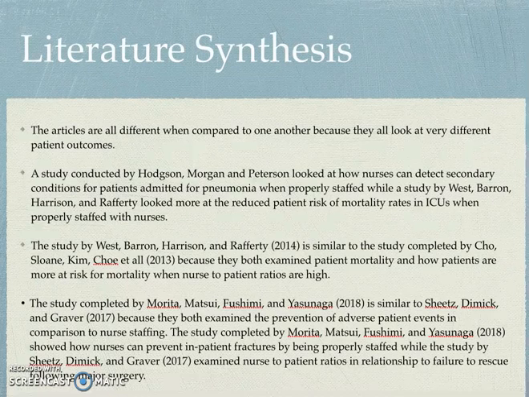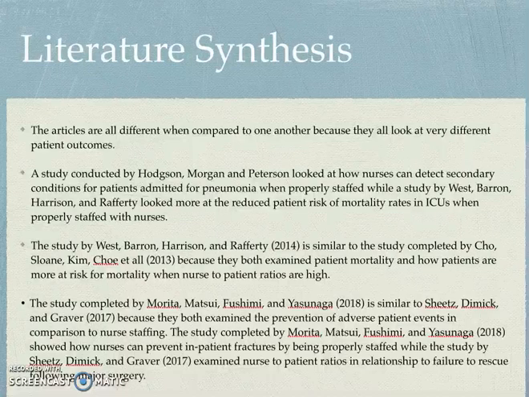is similar to the Sheets, Dimmick, and Graver study because they both examine the prevention of adverse patient events in comparison to nurse staffing. The study completed by Morita, Matsui, Fushimi, and Yasunga showed how nurses can prevent inpatient fractures by being properly staffed, while the study by Sheets, Dimmick, and Graver examined nurse-to-patient ratios in relationship to failure to rescue following a major surgery.